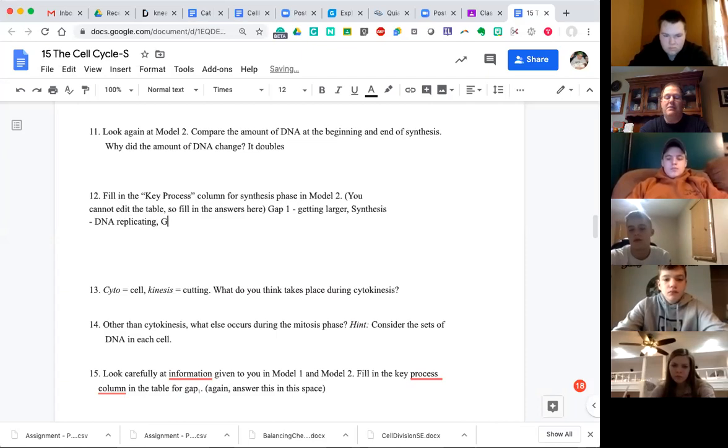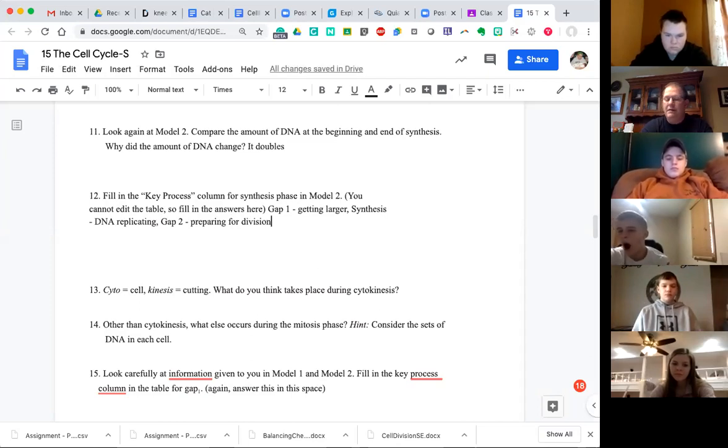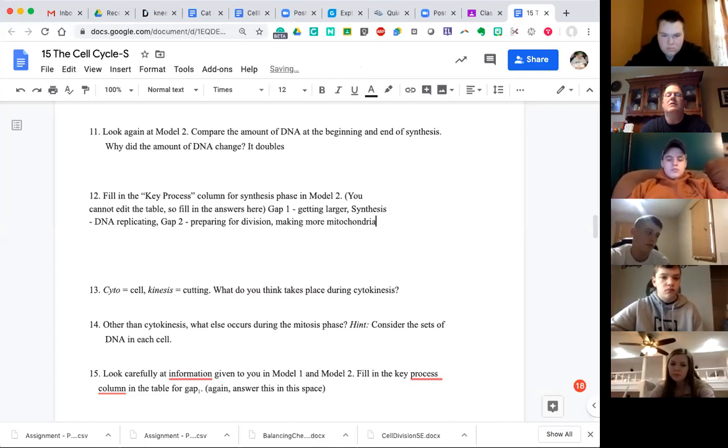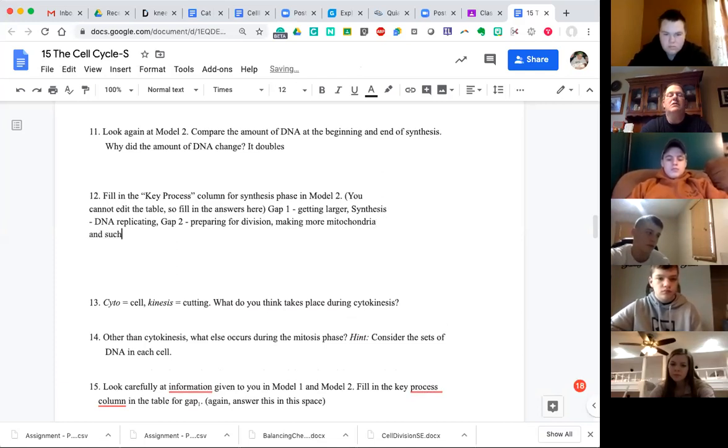The second gap is preparing for division, making more mitochondria and such.